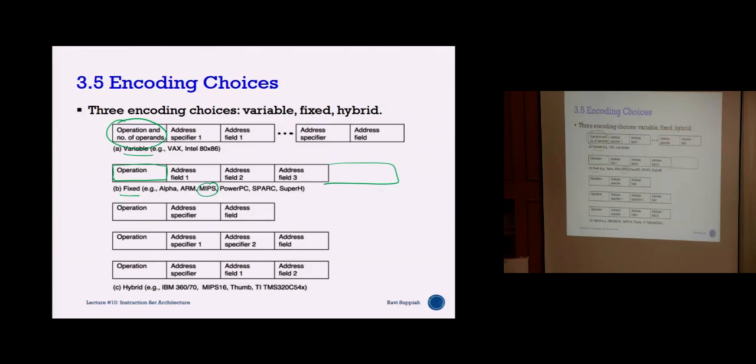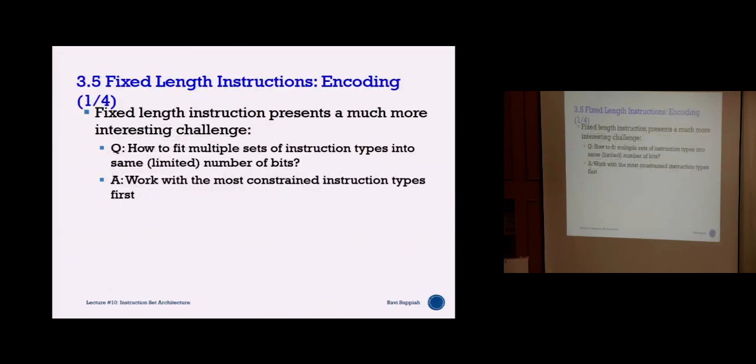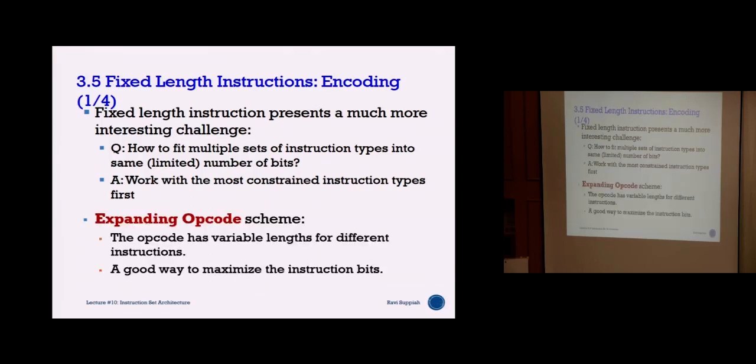If I have a different type of opcode, then this represents instructions that are 32 bits long. So it varies. Of course, fixed length presents a much more interesting challenge: how to fit multiple sets of instruction types into the same number of bits.